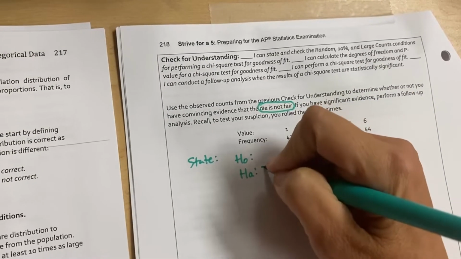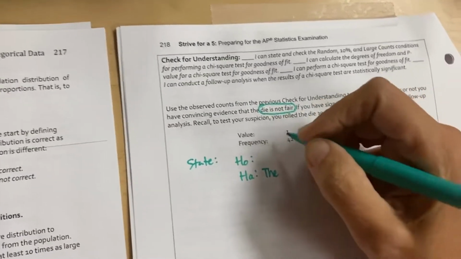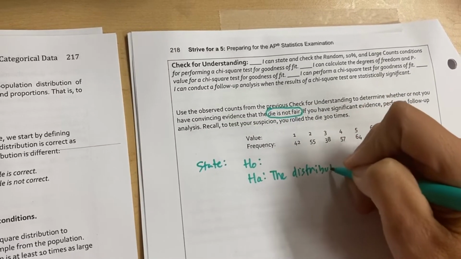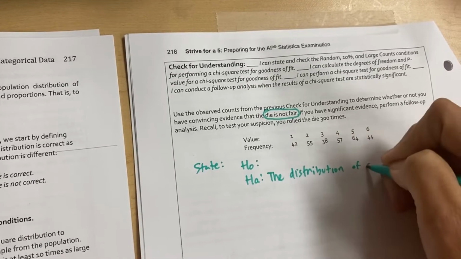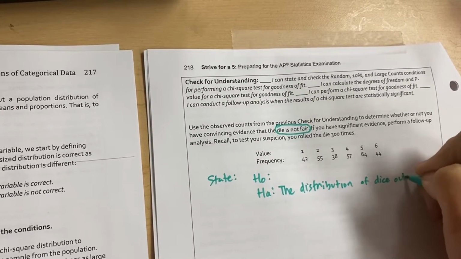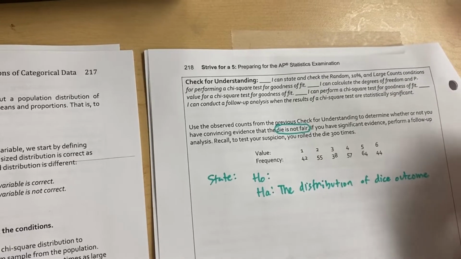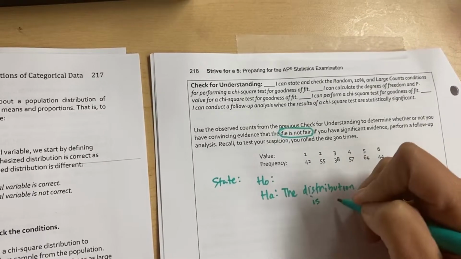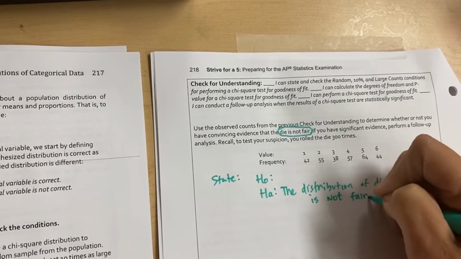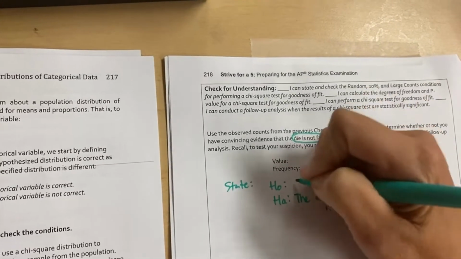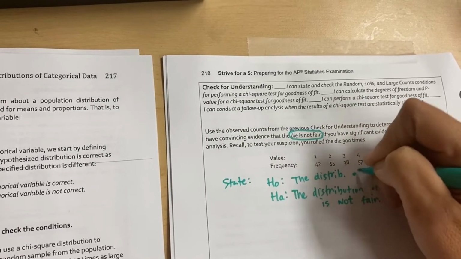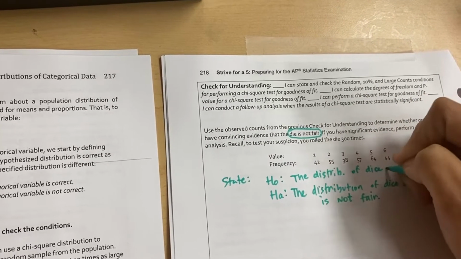So the distribution of die outcome is not fair, okay? The distribution of dice outcome is fair.